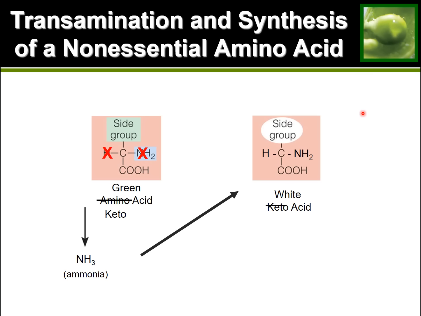Now that the amine group is there, it's no longer a keto acid, now it is a fully formed amino acid. So basically what we've done here is we were able to build the amino acid that we were lacking in by taking the amino acid that we had excess of, deaminating it so that we could use it for spare parts, and then using those spare parts, the ammonia, to transfer them over to the structure that we were lacking, and we were able to put that together and make a full amino acid out of it.